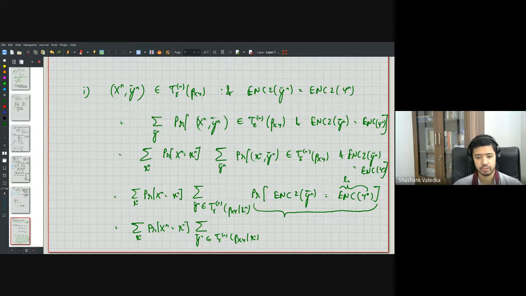So ENC2 of yn bar is uniformly distributed in 0 1 to the ln, and ENC2 of yn is some particular sequence. So what is the probability that the code word for yn bar is equal to the code word for yn?